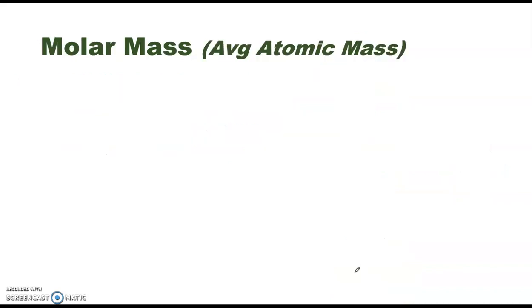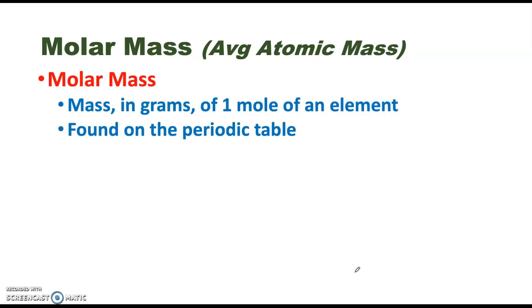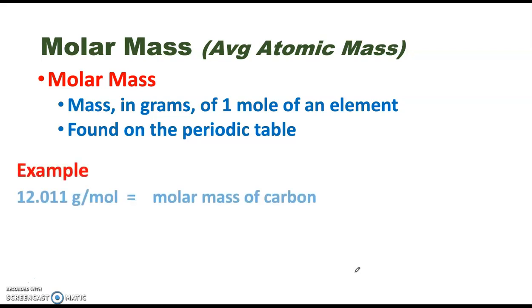So molar mass. Quick review on molar mass. Molar mass is the mass in grams of 1 mole of an element. It is found on the periodic table. So an example, carbon. If you look up carbon on the periodic table, it has a number of 12.011.